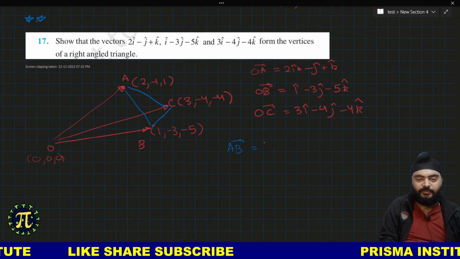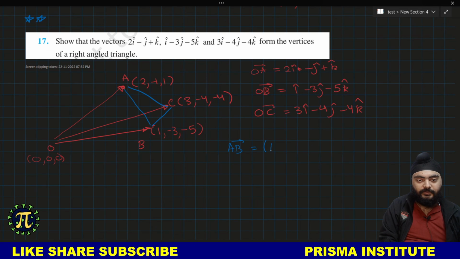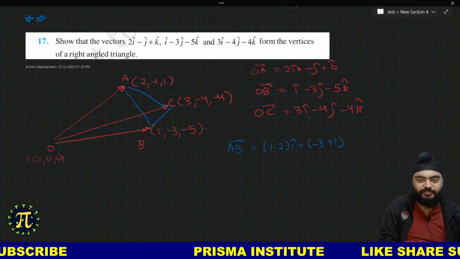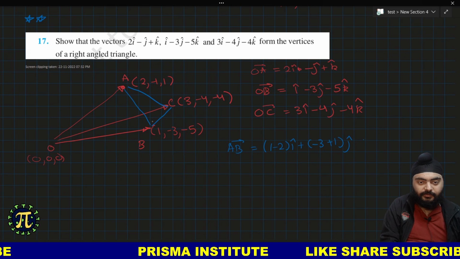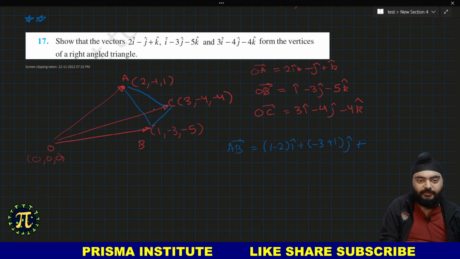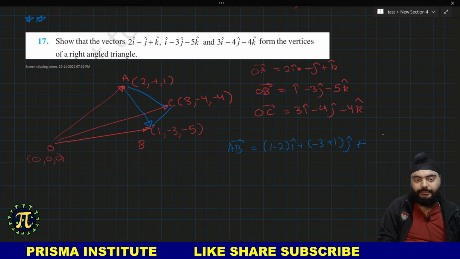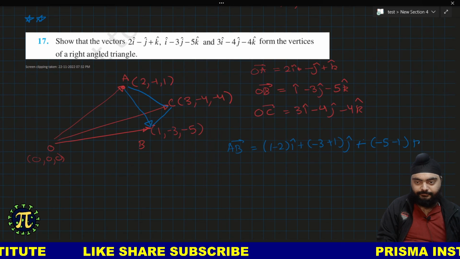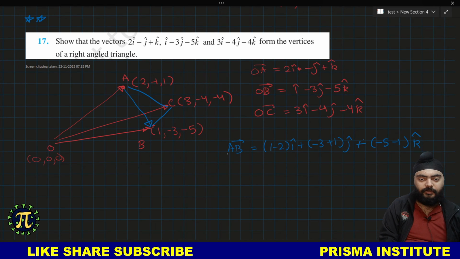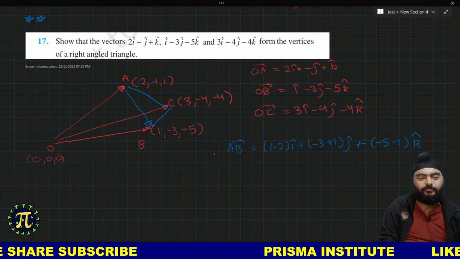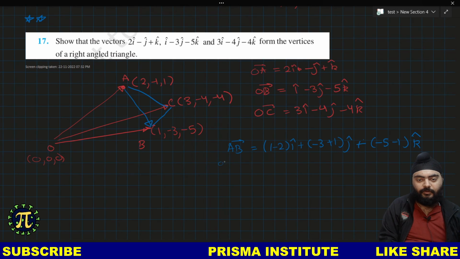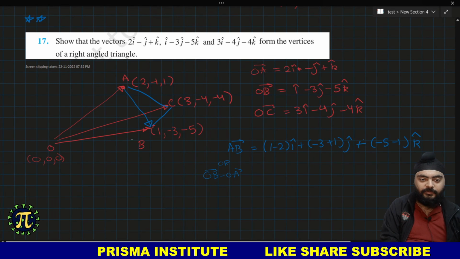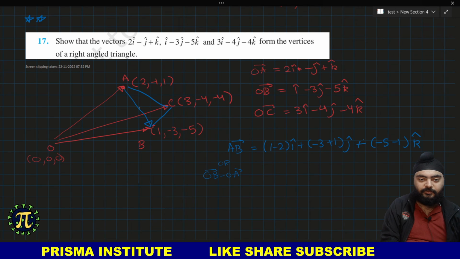AB vector: subtract coordinates of A from coordinates of B. So 1 minus 2 i cap plus minus 3 plus 1 j cap, A to B. So what is the final point? B. So final point minus initial point, so minus 1 k cap. And you could have done AB vector as OB minus OA, right? You could have done OB minus OA from triangle law. You can look into this triangle. OB vector is equal to OA vector plus AB vector. So AB vector is OB minus OA.